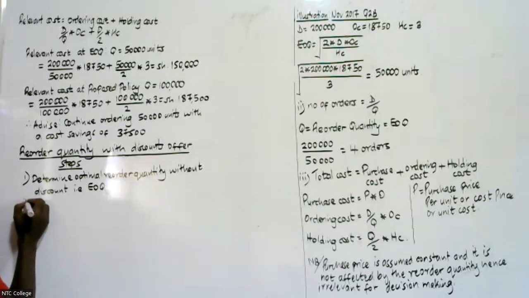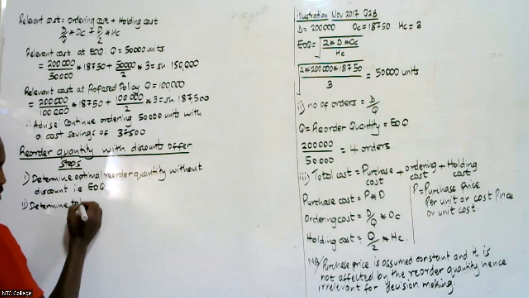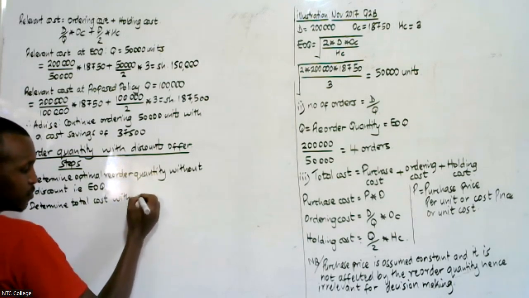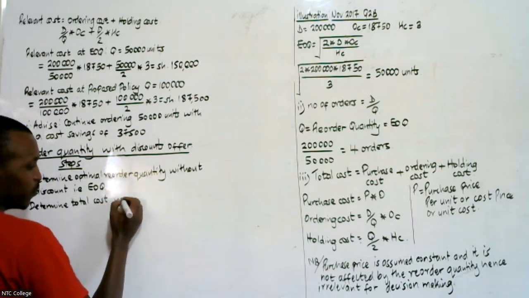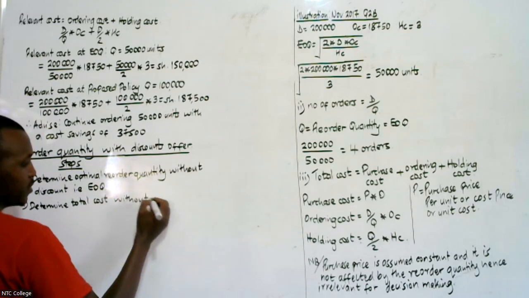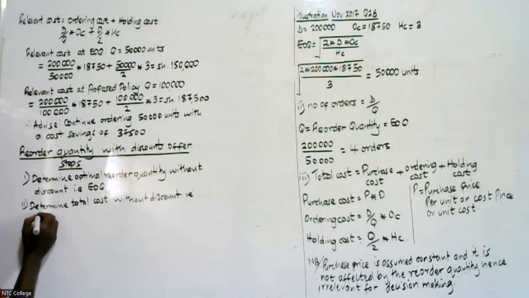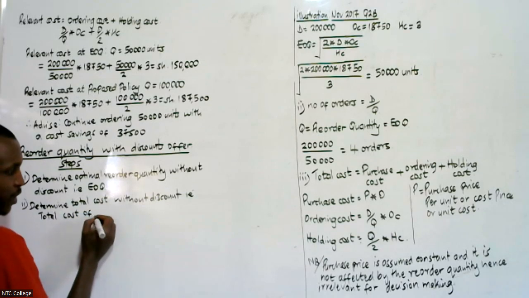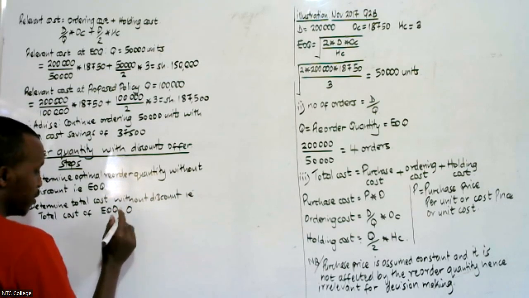Step number two, determine total costs without discount, that is, the total cost at EOQ.